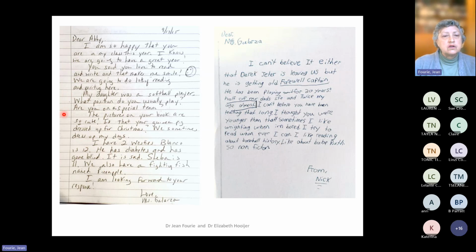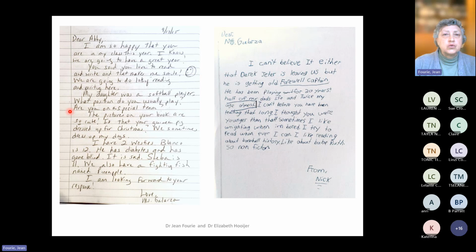"My daughter was a softball player," the teacher says. "What position do you play?" So the teacher is asking some questions here to elicit some kind of response, which she's hoping will then come back the next day, and that the child would have written about whatever she does with softball. The teacher is tapping into the interests of the child.